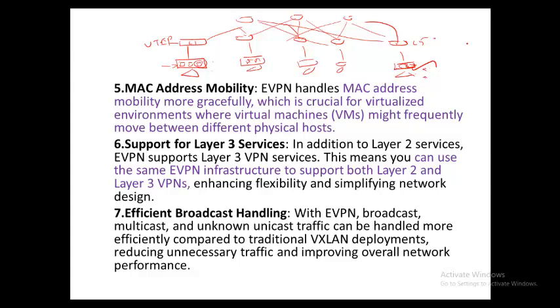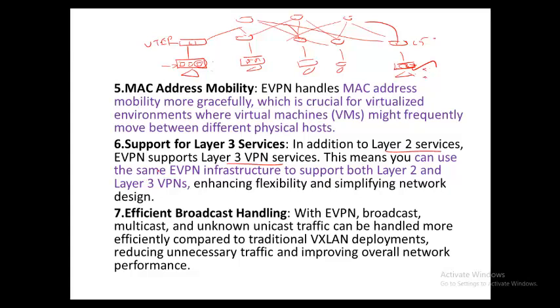Layer 3 services, as I said, within the VXLAN or between different VXLAN or between the VXLAN member to the internet. These are all layer 3 services. I have a separate topic for VXLAN services coming next.